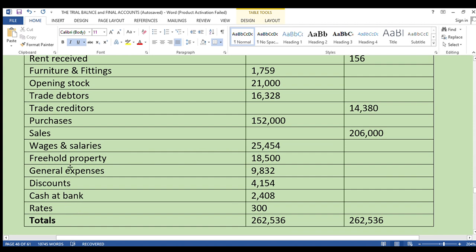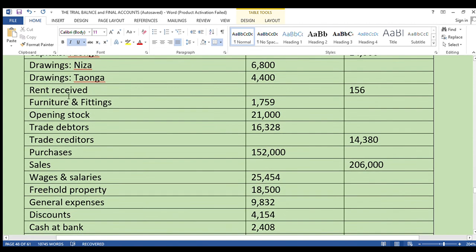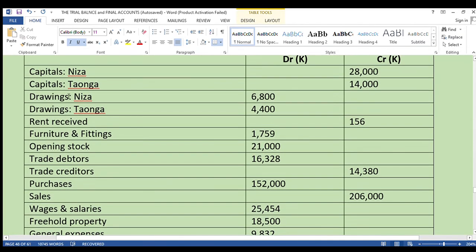Most of these items are common to the final accounts we did, that is the trading profit and loss account we did at first. There are just a few new entries, like the capital that comes from both partners and the drawings that are done by both partners.